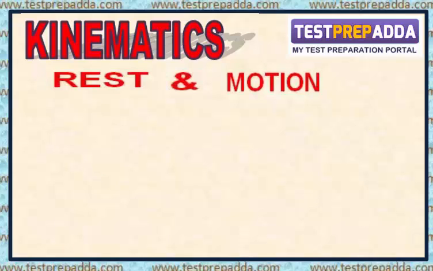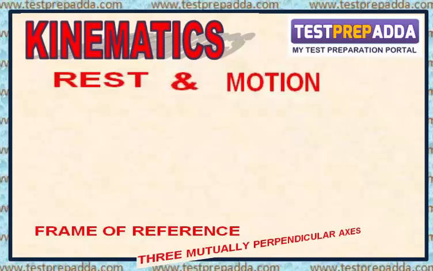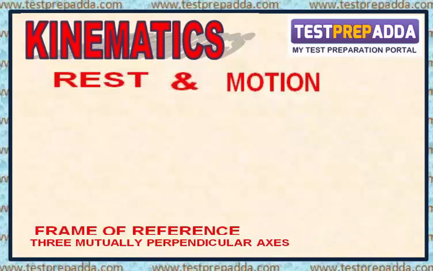For this, first we fix the frame of reference. We choose three mutually perpendicular axes x, y, z. This is the origin. This is the x-axis. This is the y-axis.